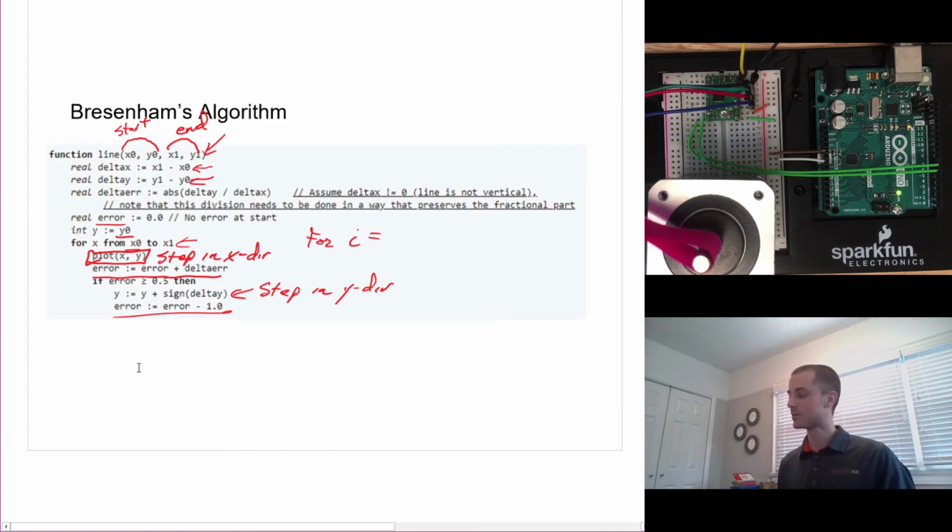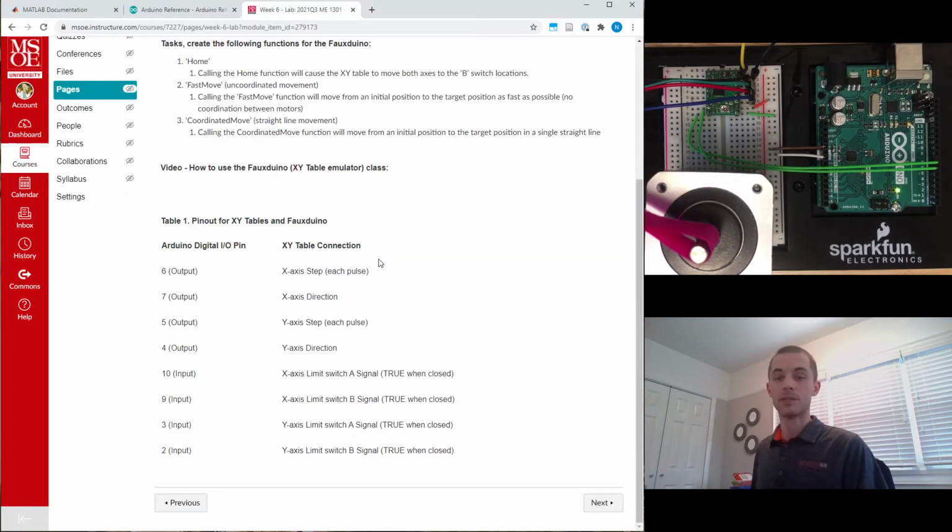Give me just a second. I was going to show you this guy over here and show you just how easy it is to make these stepper motors move. The XY tables have specific pinouts, and the ones that I've used for the Arduino actually match up.